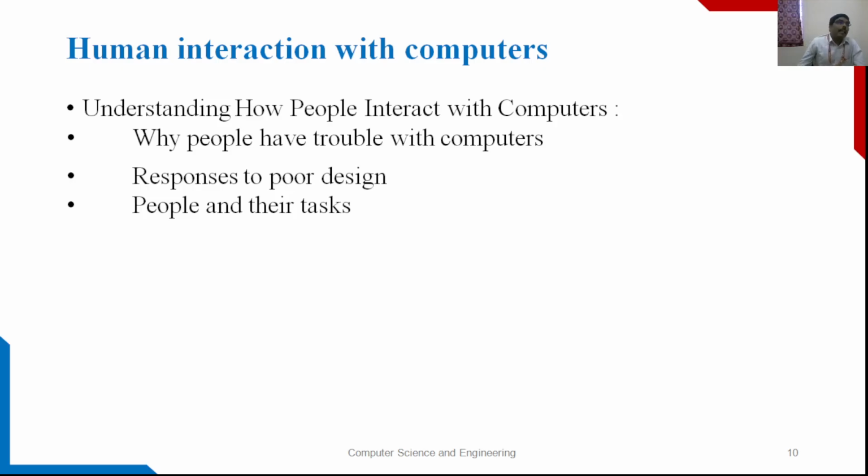And human interaction with computers: understanding how people interact with computers, and the characteristics of computer systems, past and present, that have caused and are causing people problems. We will look at the effect these problems have, why people have trouble with computers, and what the cure is in responding to poor design.